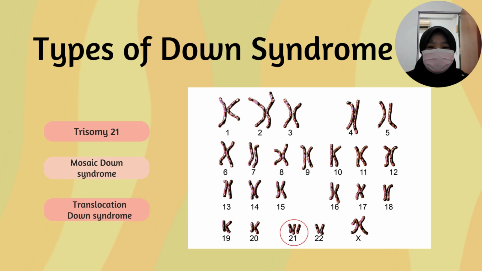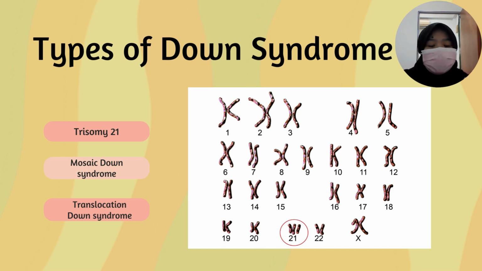Okay, now here is the diagram of the types of Down syndrome that you can see. As you can see here, in every cell, usually all people have the same amount of chromosomes, but those with Down syndrome or trisomy 21 will have an extra chromosome number 21, as you can see here, the one that is circled in the picture.